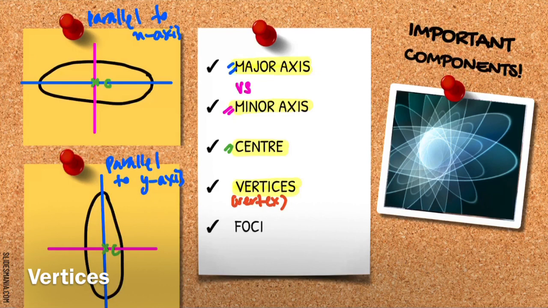So where are your vertices in an ellipse? Vertices are the points which cut through your major axis. Let's name this V1, and rename the other point V2. It is the point where you cut your major axis.